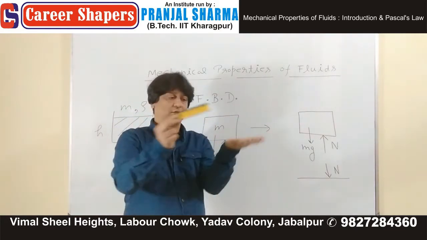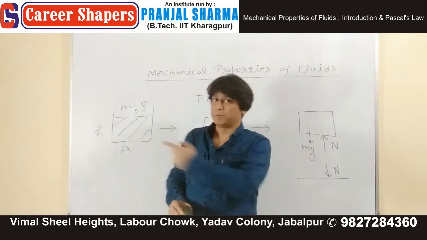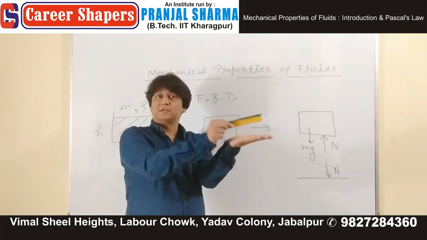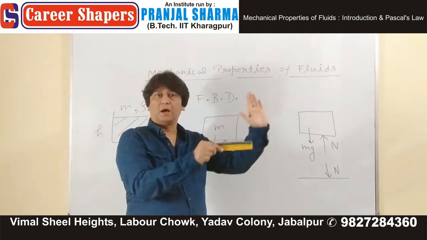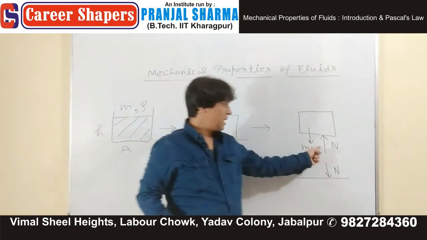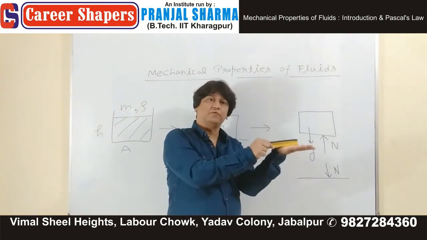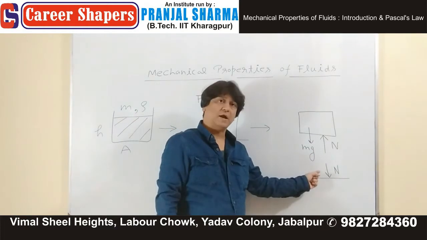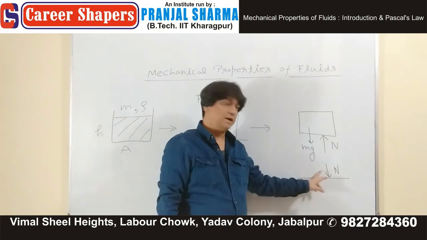If you place it on your hand, the hand is basically the bottom of the beaker. When it is kept like this, I ask how much force your hand applied on this duster: N. How much force did this duster apply on your hand? That is also N. Remember, it's not mg. It is N.